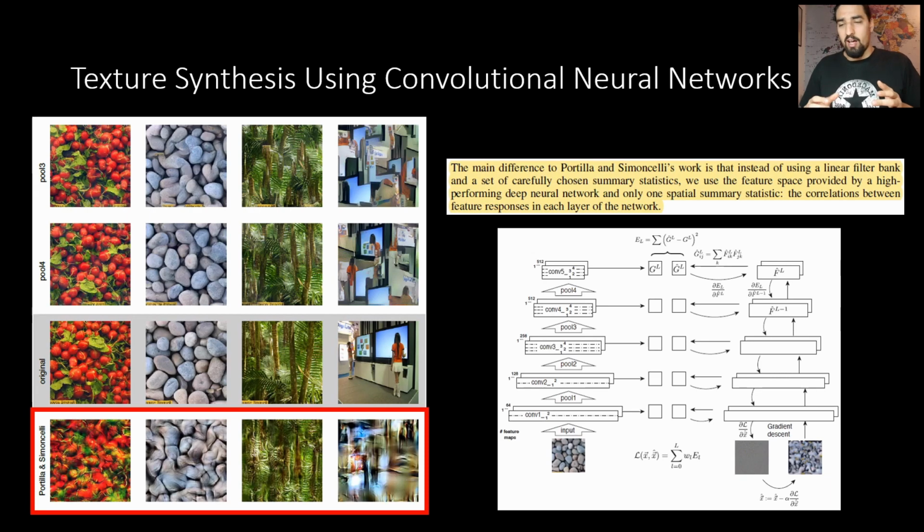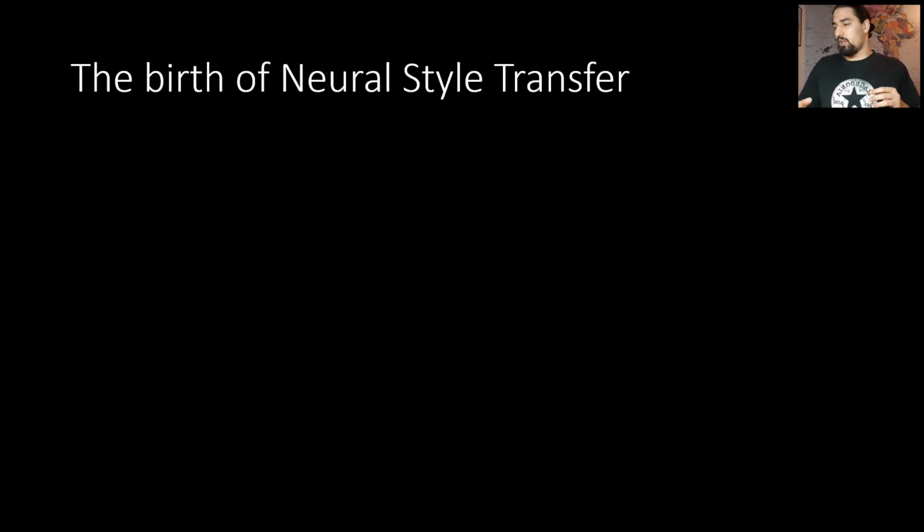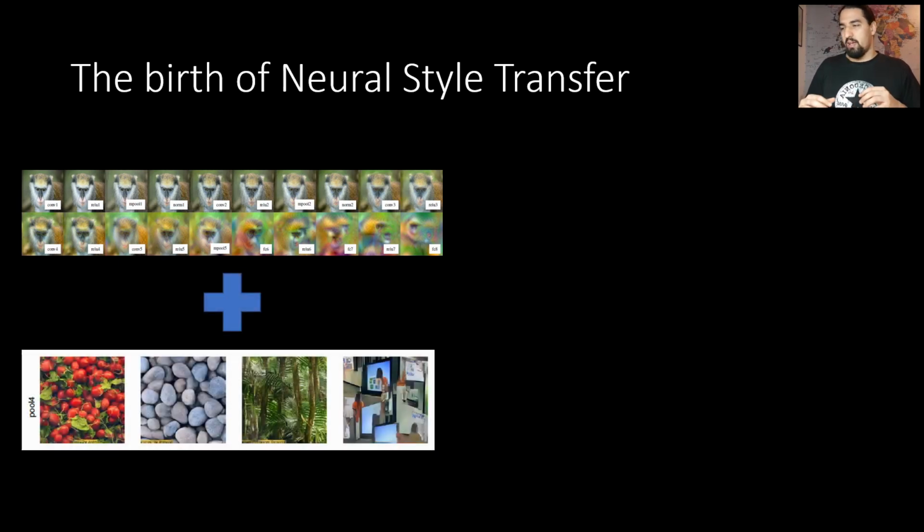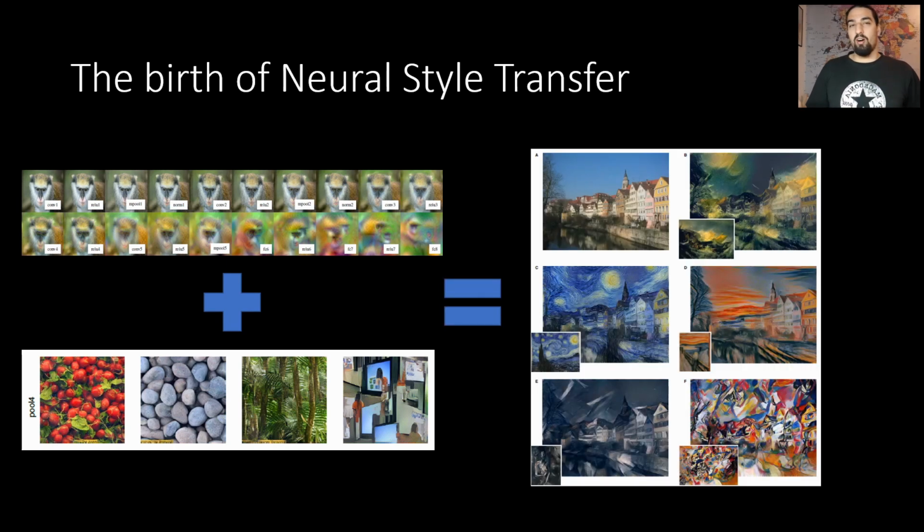And finally, combining the previous work of reconstructing images from deep codes, which basically gives us the content portion of the stylized image, and combining that with Gatys' texture synthesis work, where conceptually transferring style is equivalent to transferring texture, so this part gives us the style portion of the stylized image, we finally get the final algorithm.